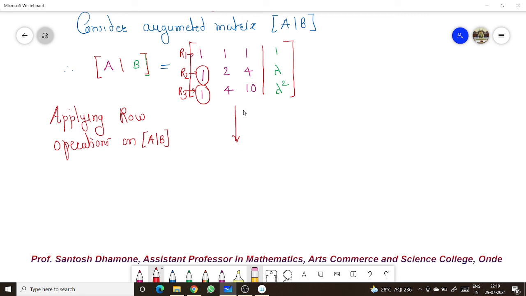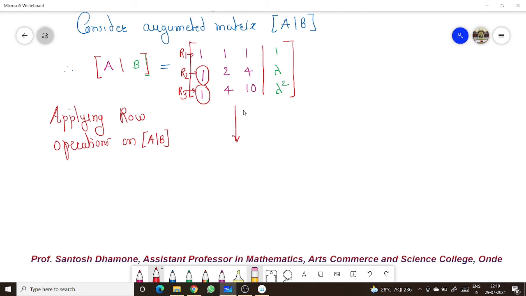Here the rank of the augmented matrix AB is equal to 3, and the rank of matrix A is also 3.